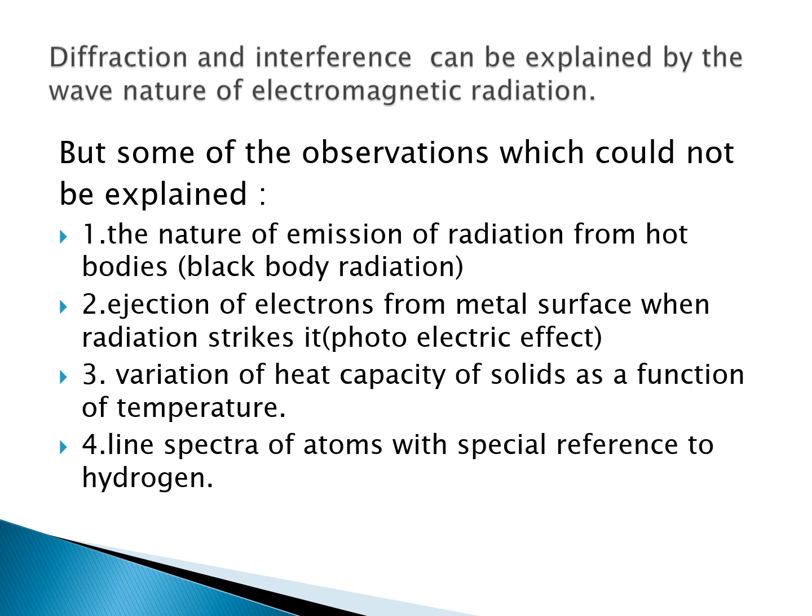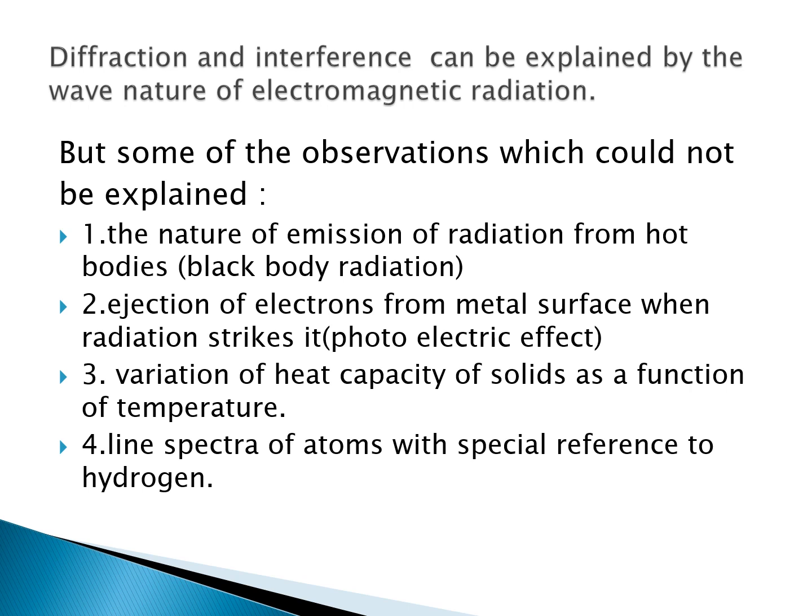Students, the wave nature of electromagnetic radiation can be explained through diffraction and interference. But some observations could not be explained. First is the nature of emission of radiation from hot bodies, which we call black body radiation. Second, the ejection of electrons from a metal surface when radiation strikes it, which is called the photoelectric effect.